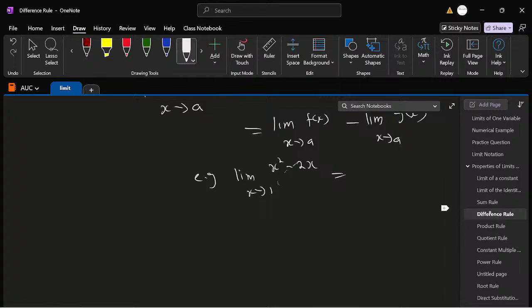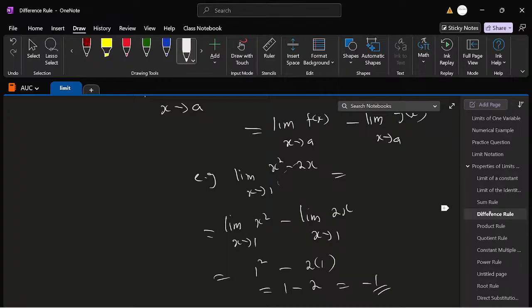This can be written with different notations: the limit as x approaches 1 of x squared, minus the limit as x approaches 1 of 2x. Then this will be equal to 1 squared minus 2 into 1, which is 1 minus 2, and this equals negative 1.